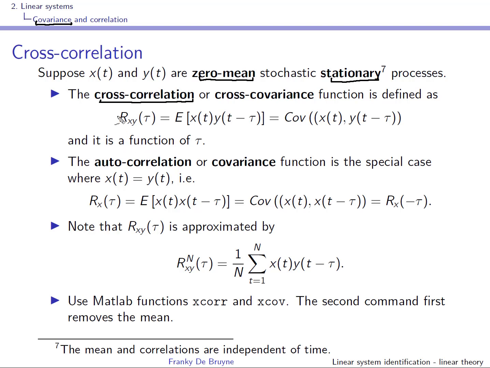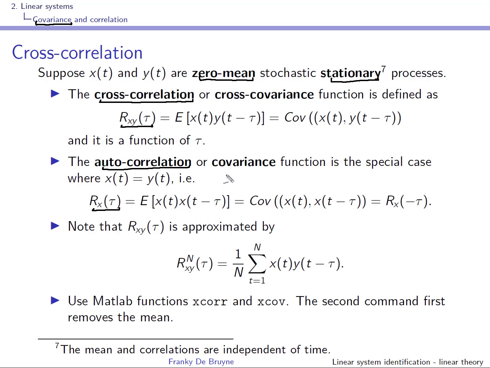So we obtain a function of tau. There is a similar notion, but it's the cross-correlation of x with itself. So what you have then is the autocorrelation. It's the covariance of x with a shifted version of x, shifted by tau. Okay, so we'll write the autocorrelation as Rx of tau, and we'll write the cross-correlation as Rxy of tau.